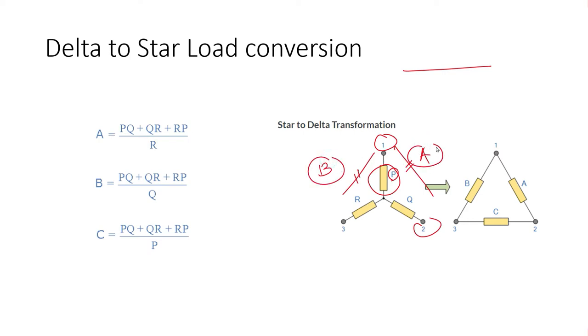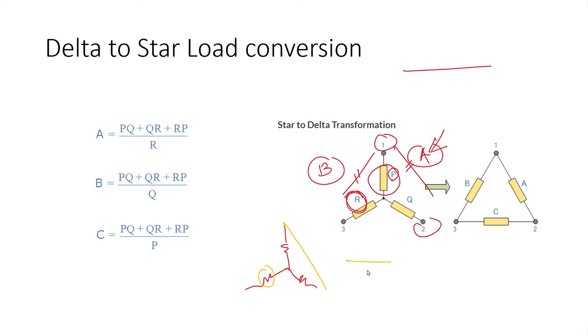For calculating this A, we will write the opposite resistor in the denominator. So remember that when we are going from star to delta, to calculate this side, I will write this in the denominator.